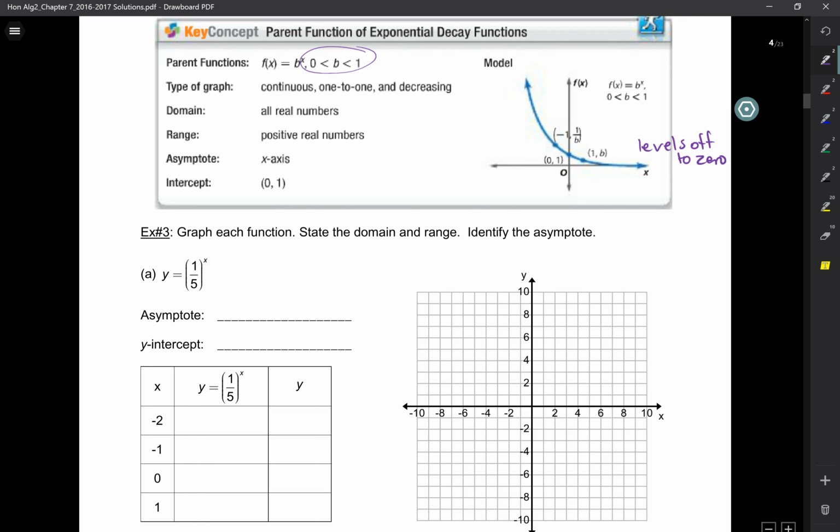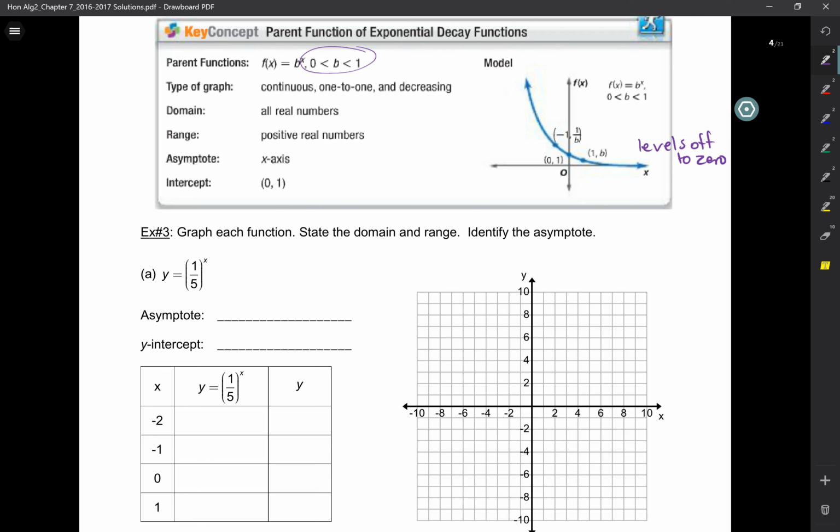Well, close to 0. Like the bacteria in your body will die, but do you know that you killed absolutely every single one? No, right?